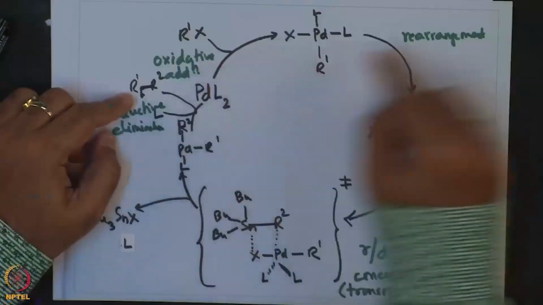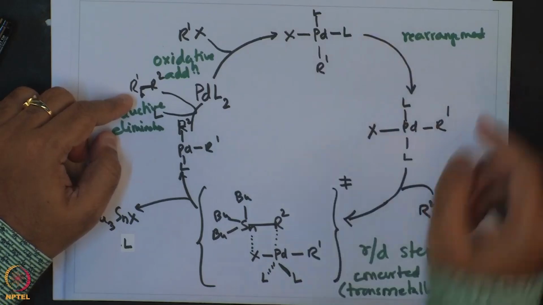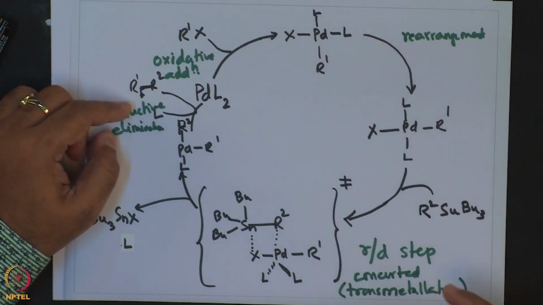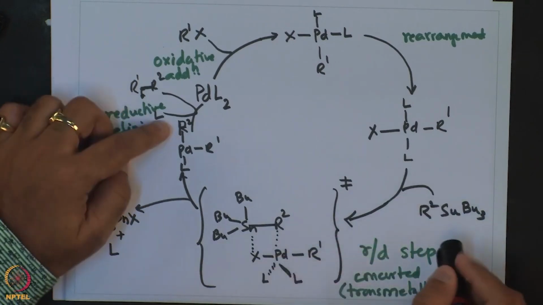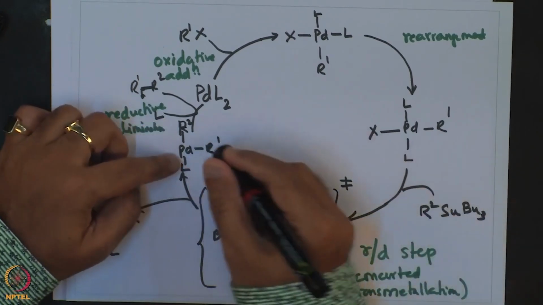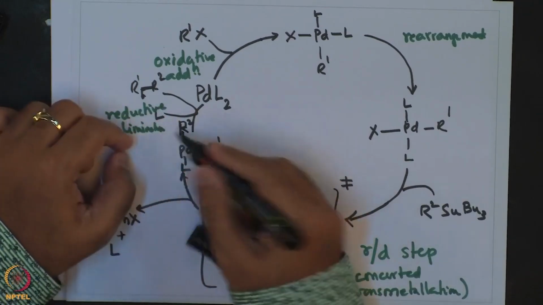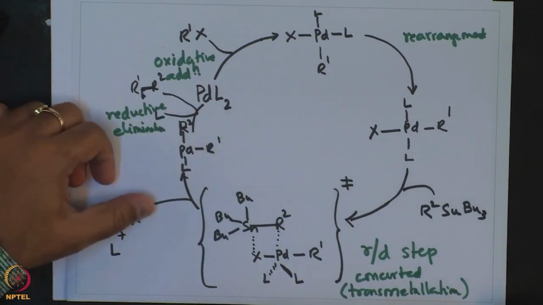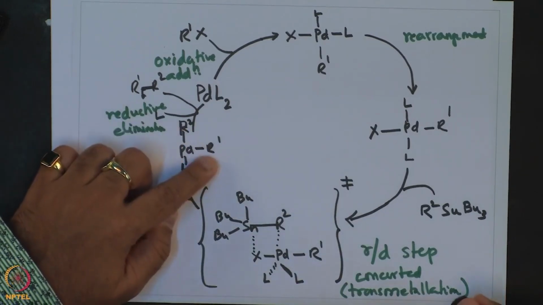First is the oxidative addition, then followed by the rearrangement from a cis to a trans, and then subsequently the attack of the rate determining step, in which R2 knocks out this X and produces palladium R1 R2 L, and in turn generates Bu3SnX and L. Now, this R1 R2 already are in cis disposition.